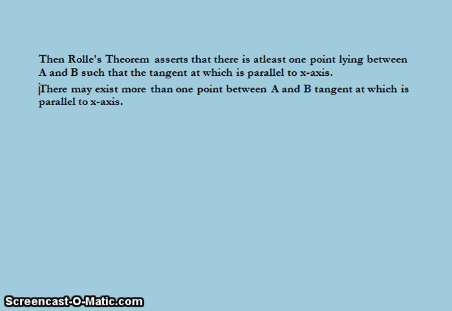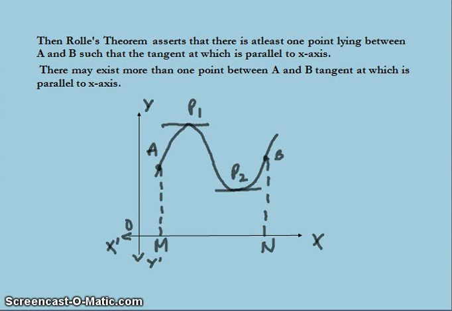There may exist more than one point between A and B, the tangents at which are parallel to the x-axis, that is, there exists more than one real number c in the interval (a, b) such that f'(c) is equal to 0.